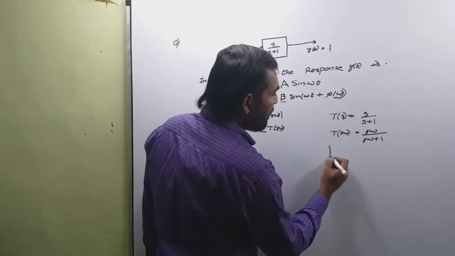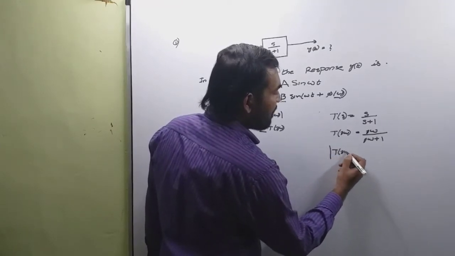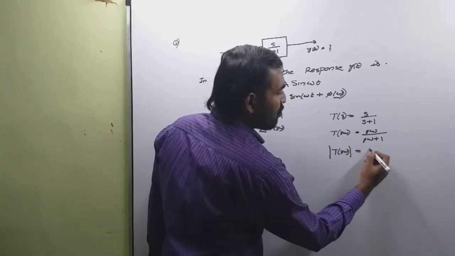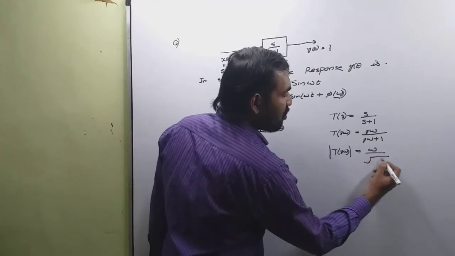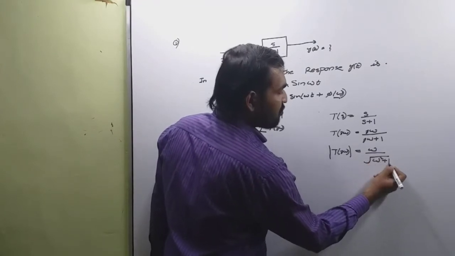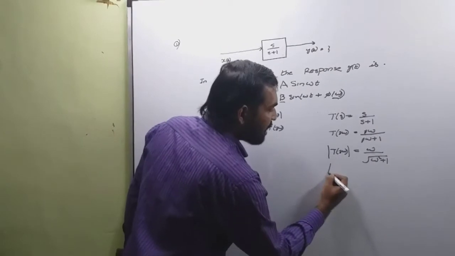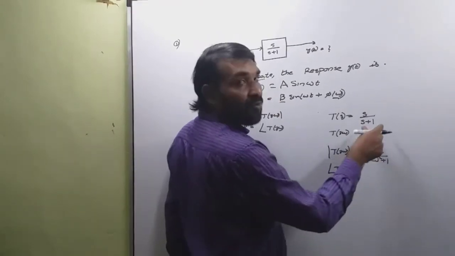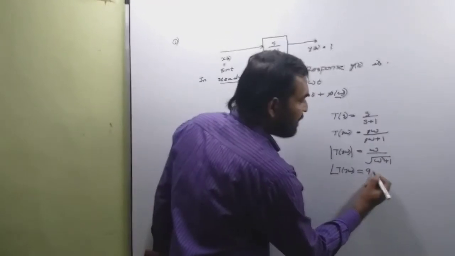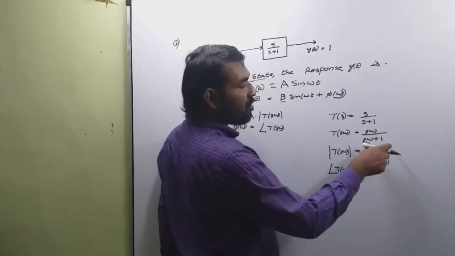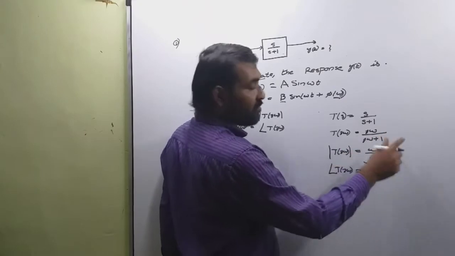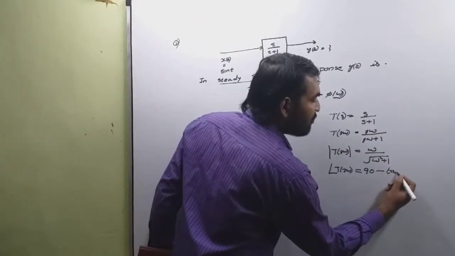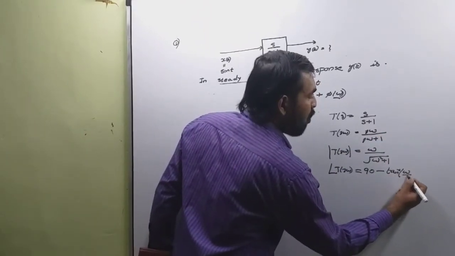Therefore, the magnitude of T of j omega is equal to omega divided by root of omega square plus 1, and the angle of T of j omega is equal to the angle of j omega, that is 90, minus the angle contribution by j omega plus 1, that is tan inverse of omega by 1.